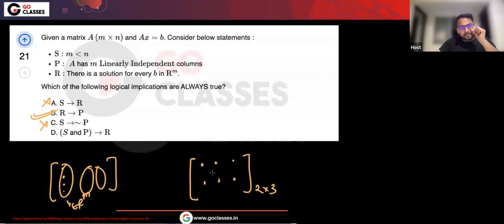So A has two linearly independent columns. Let's suppose you are filling the space of R^2. In that case, there is a solution in R^2. What do you think? If you're filling the space of R^2, you have two linearly independent columns in R^2. Now they're asking whether you have a solution for every B in R^2.